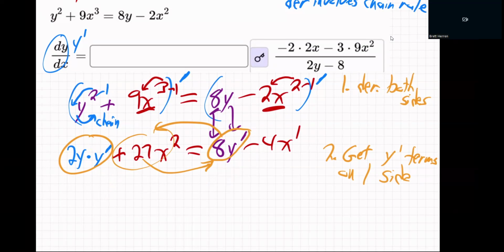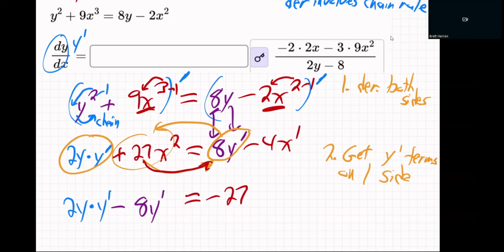When they jump to the other side, they change signs because you're adding or subtracting. So this will become minus 8y prime equals, and then this guy's going over here, so it'll be minus 27x squared minus 4x. That's just 4x to the first. So we got the y prime terms on one side.